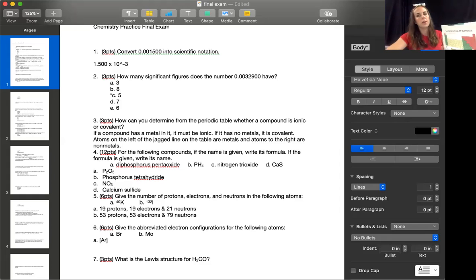Then I'm just going to follow along on the table. So here's Ar, and I want to get all the way to bromine. I'm going to go from here to the next line, which is 1, 2, 3, 4. This is 4s2. Then we go here, which is 3d, if you remember, 3d10. There's 10 of those.